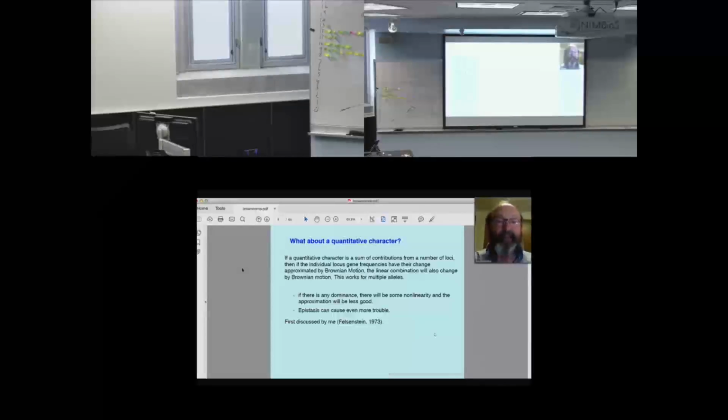And in that case, if the character is a sum of contributions from different loci, this will be a linear combination of Brownian motions, and it is, again, Brownian motion. And you can make this more or less work for multiple alleles, too. You start putting in things like interactions among alleles, actually even dominance, but interactions among different loci. And then you have to start waving your hands, which you do like this.